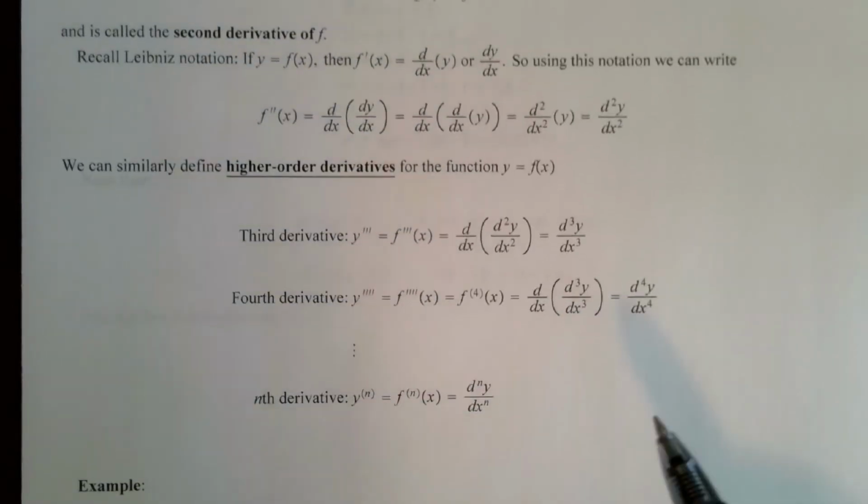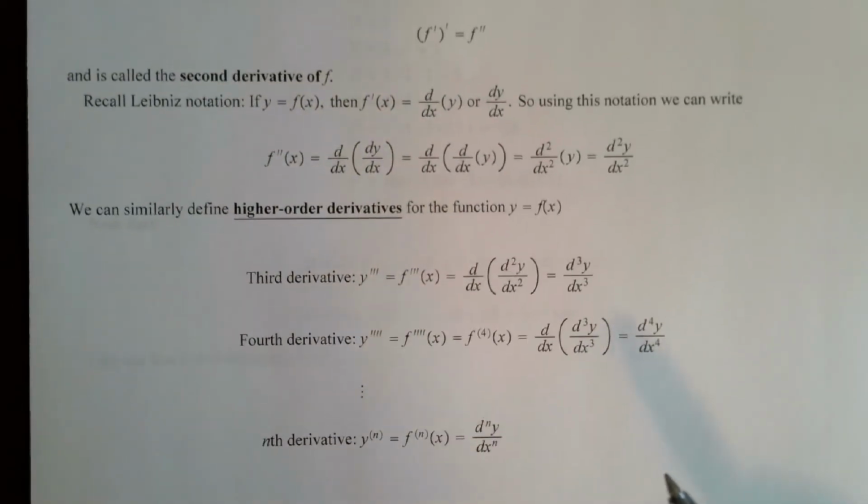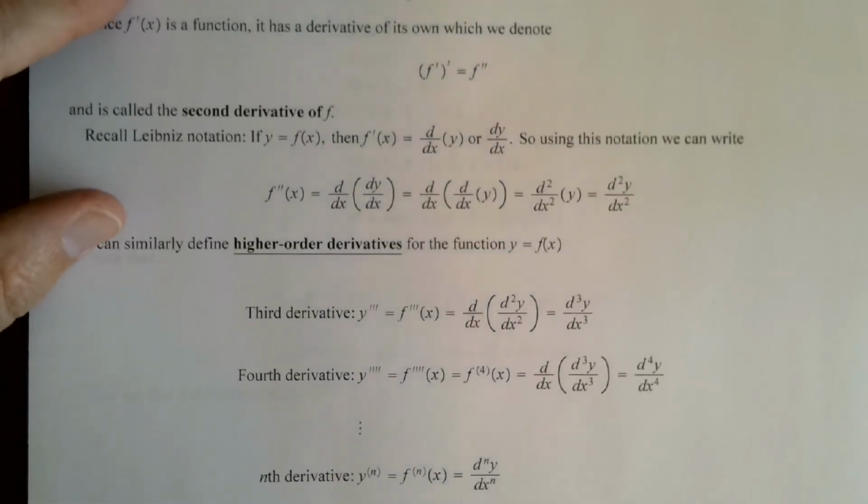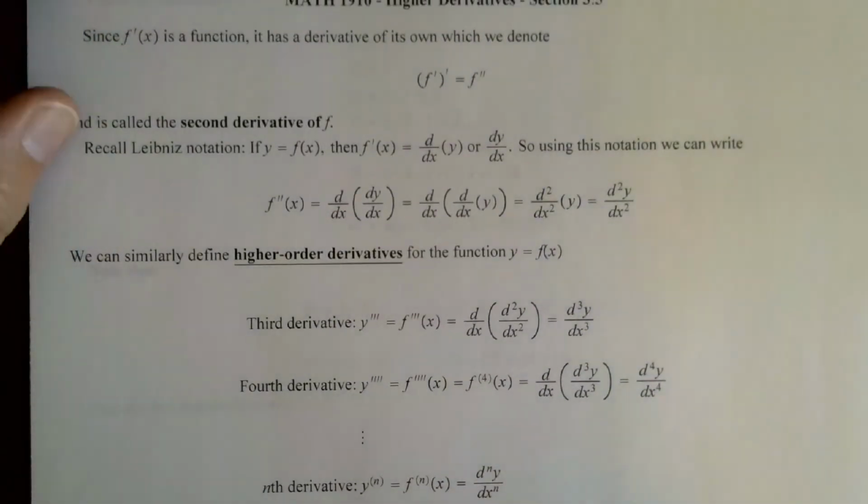So you might say, why do we do this? Why would we even talk about this? Certainly it's a mathy sort of idea, but there are some applications, and we'll look at one later in the course.